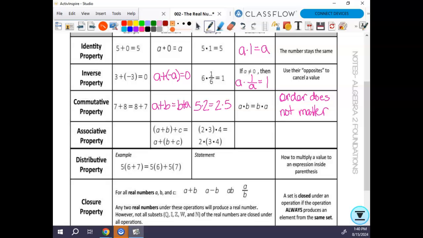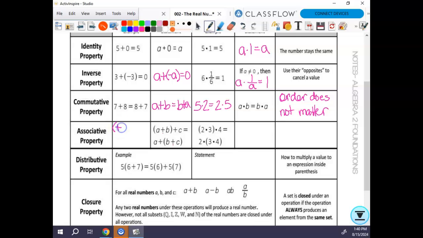Okay, so associative, the way I keep that straight is you're associating them with each other. So I have A plus B plus C. Here I have A plus B associated together, then I have B plus C associated together. So it's like you're just kind of grouping them, they're little associations.